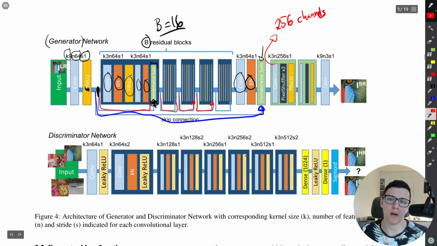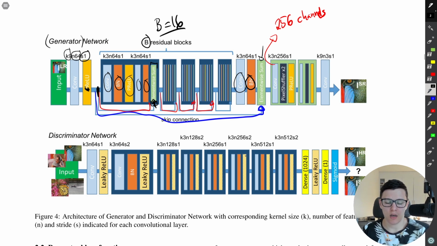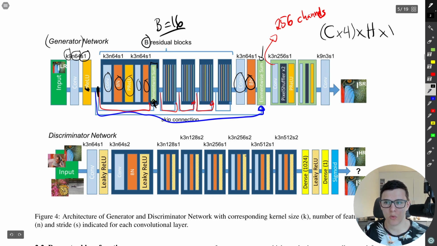And then they use pixel shuffle. If you're not aware of pixel shuffle, basically it's going to take the number of channels and shuffle them into the height and the width of the image. So let's say we have some channels times 4, times height times width.